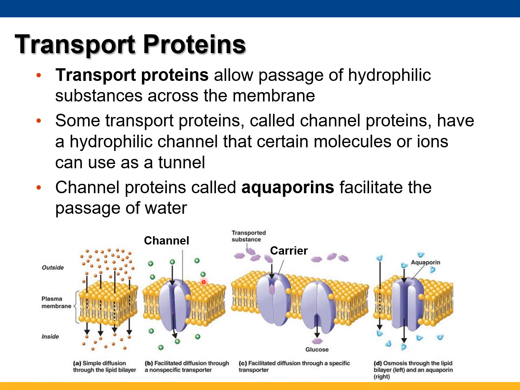Generally, channels are selective by size and by electrical charge. Aquaporins are selective for water, and carriers, they're more specific and much more like enzymes, but they actually change shape. Channels don't change shape except to open and close.